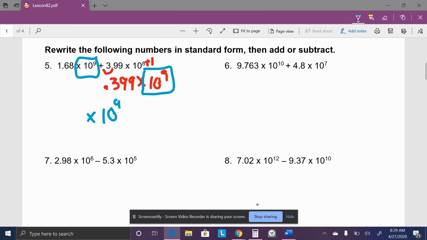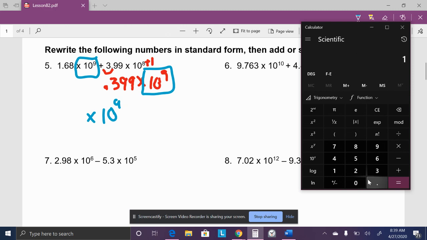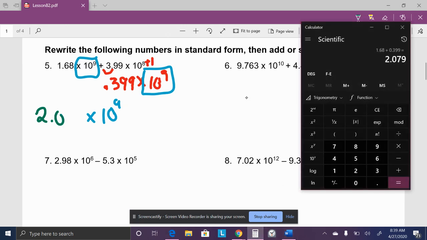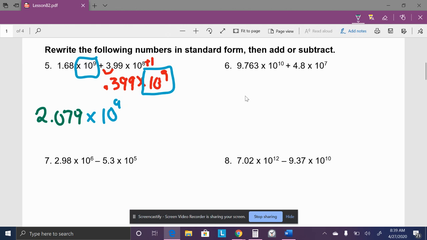Add the numbers out in front: 1.68 plus 0.399 gives 2.079. So the front number is 2.079 when we add these numbers out in front. This number is in scientific notation. We don't have to adjust it. So that's my final answer.